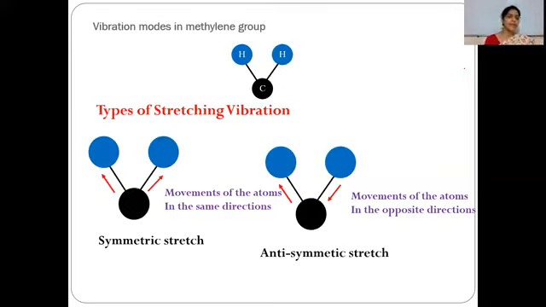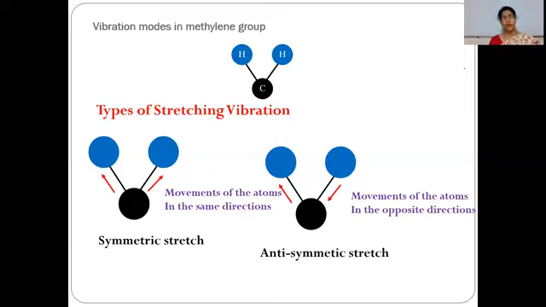This is known as symmetric stretch. Symmetric means similar. As the name indicates, the movement will be symmetrical. Both the hydrogen atoms move in a similar direction on the same bond axis with respect to the central atom. Movement of atoms in the same direction is the symmetric stretch.